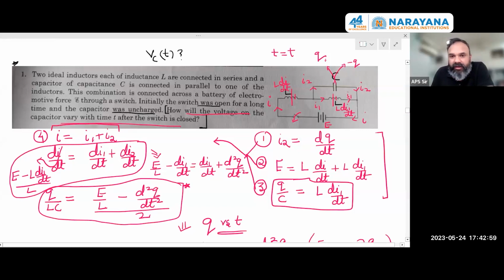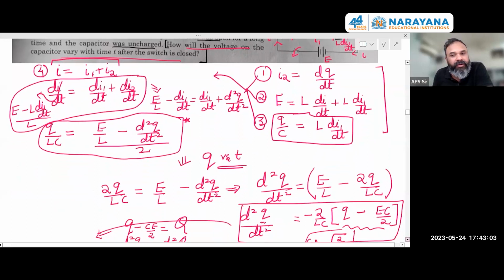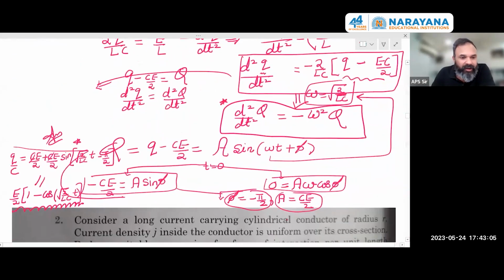As far as the omega is concerned for the circuit, you know that you can write it as 1 by root of L effective into C effective. This was known to me. I could have written it as root of L effective, C effective.